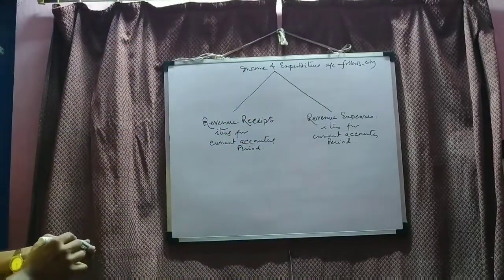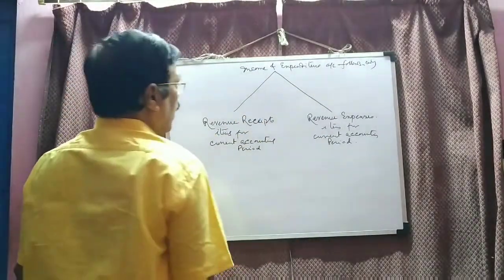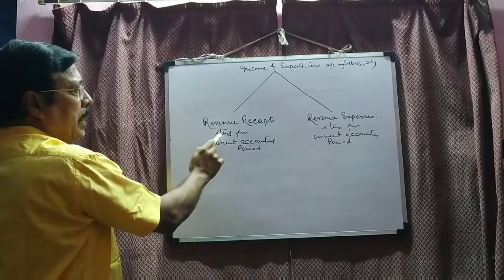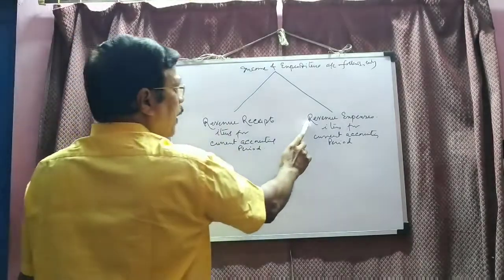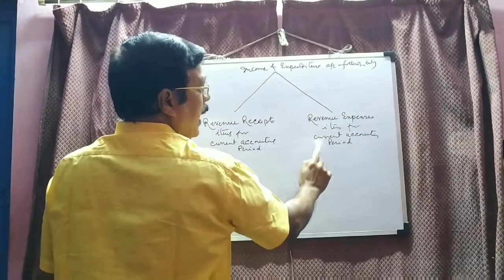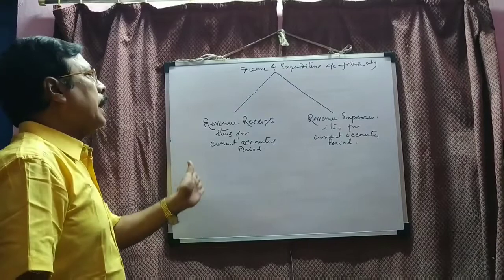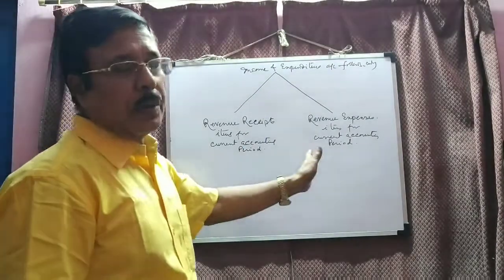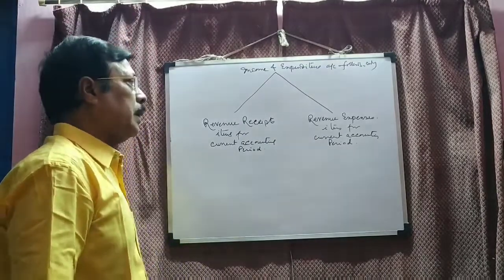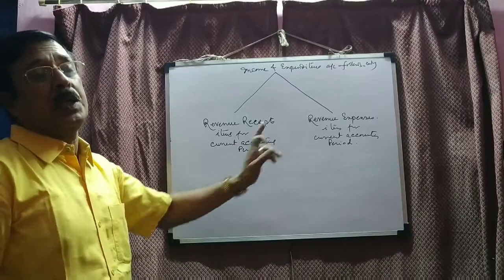Now, to prepare the income and expenditure account, we follow only revenue receipt items for current accounting period and revenue expense items for current accounting period. Neither capital receipt nor capital expenses will be considered while we prepare the income and expenditure account.